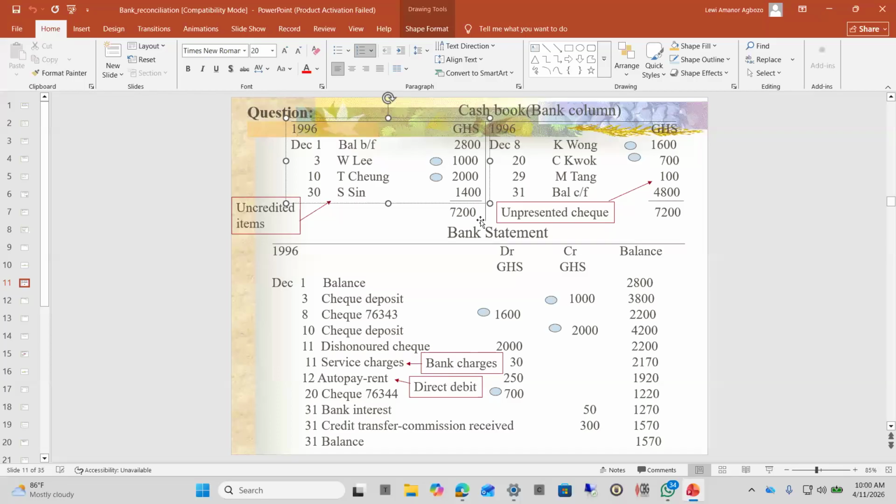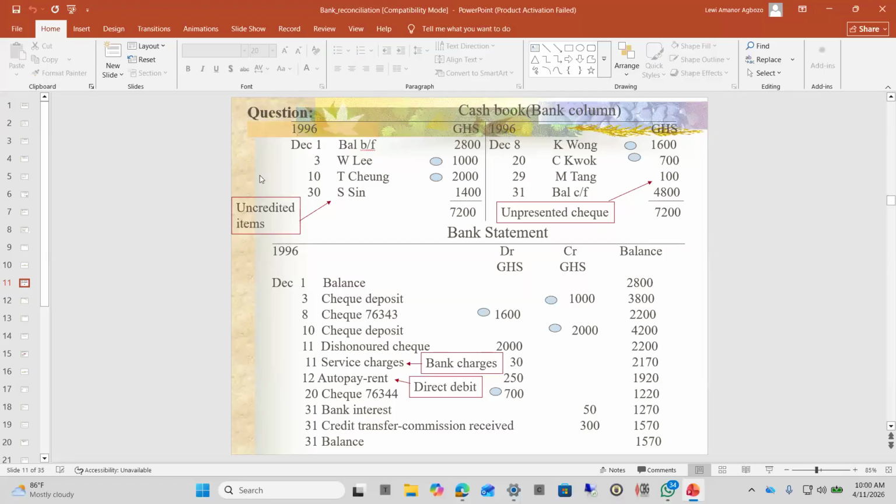Sir, please, it is in a table form, so I don't get it properly. That is the cash book. Okay, so December 1st balance. What type of balance is that? This one is the bank statement. No, this is the cash book. Okay, so the debit and then the credit.